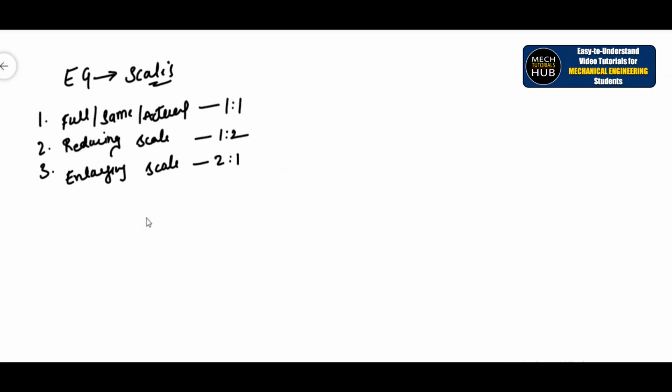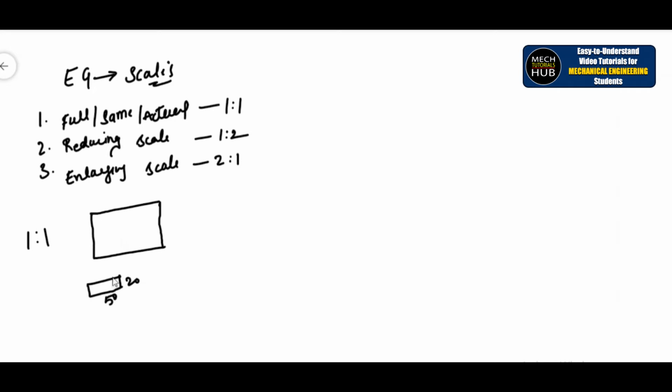So why is that required? For example, if I talk about the 1:1 ratio, imagine that this is an A4 size sheet where we need to develop a drawing, okay, a simple drawing, maybe of size 50 mm by 20 mm, not at all a problem.